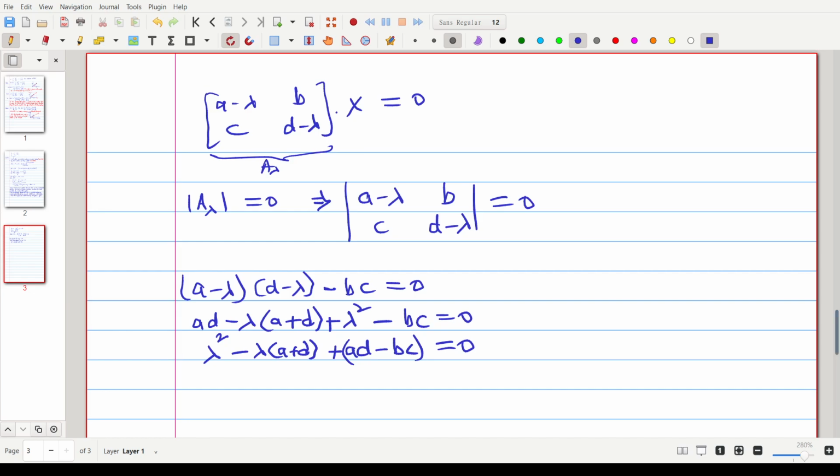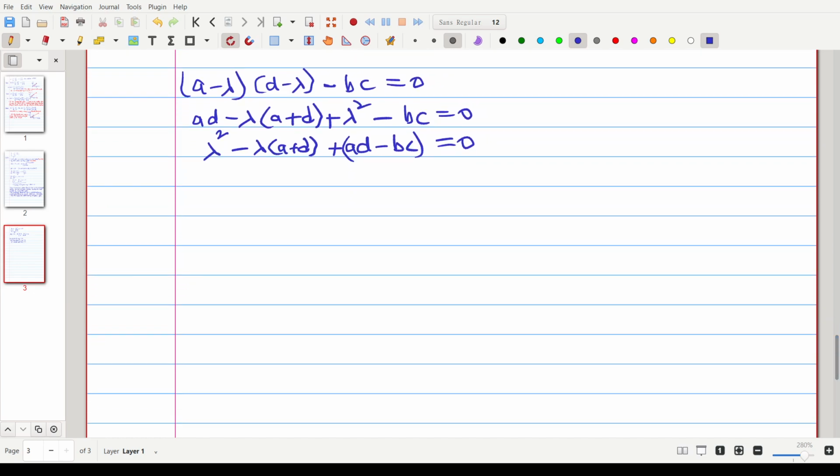Now this is a quadratic equation to be solved for lambda values.